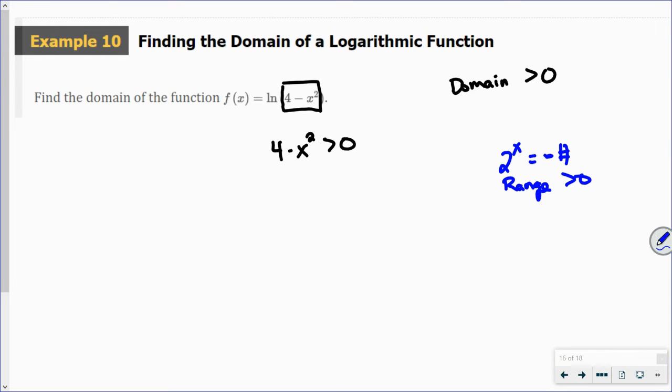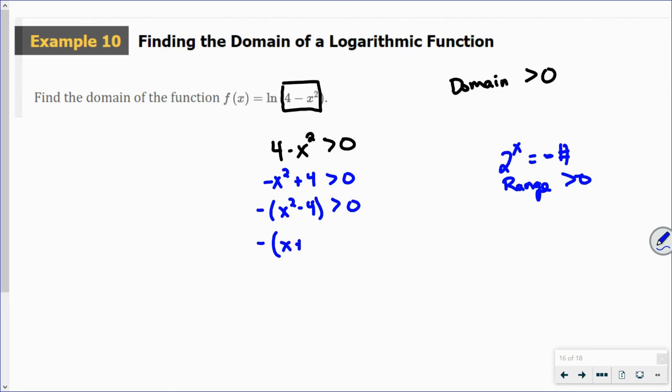When I solve this, we can ignore the logarithm for now. Remember, this is a parabola. If I rearrange it, it's negative x squared plus 4 greater than 0. If I factor out a negative, I get x squared minus 4 greater than 0, which I can factor.